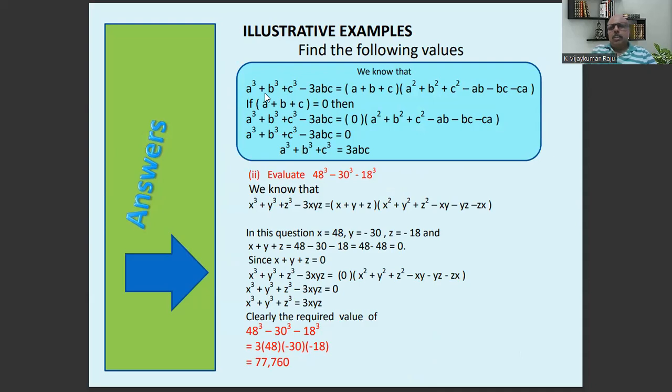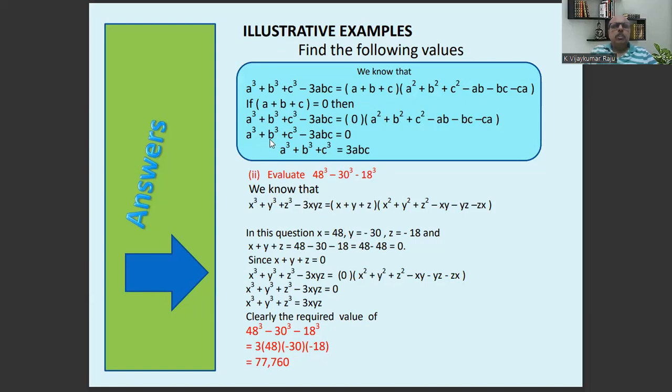Now, this is a rather special case. a³ + b³ + c³ − 3abc is equal to this. This is the identity which we learned. Now, suppose a + b + c is 0. Then a³ + b³ + c³ − 3abc will become 0 into the second bracket, and 0 into anything is 0.